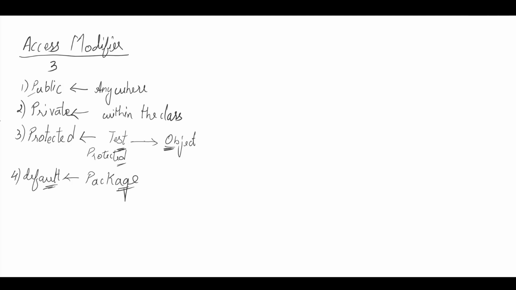And protected is package plus kids. Just remember this: default would be package, protected is package plus kids. When we understand inheritance, we'll understand better what this protected modifier is.